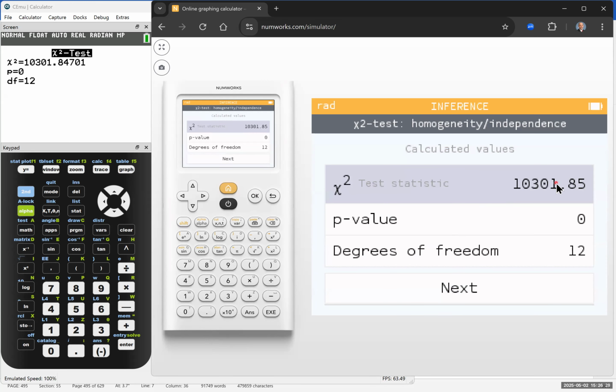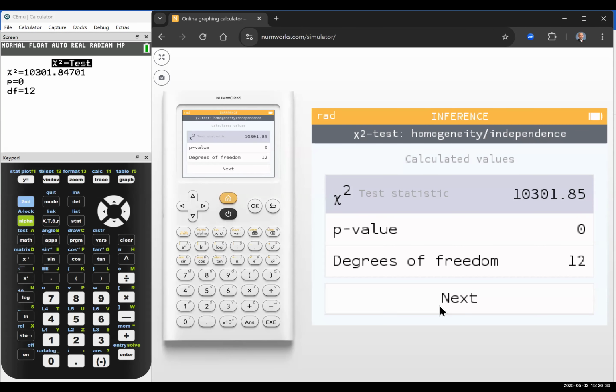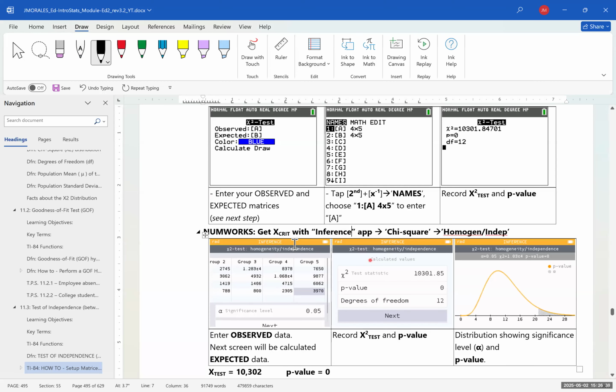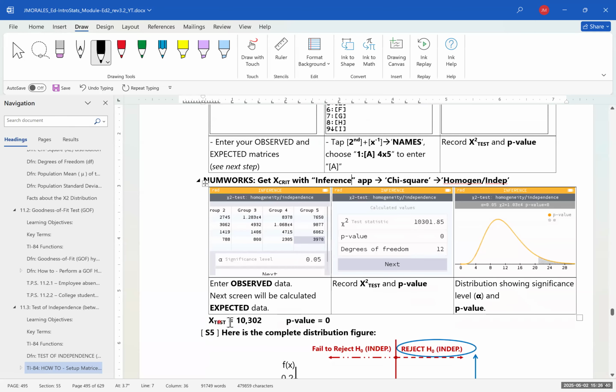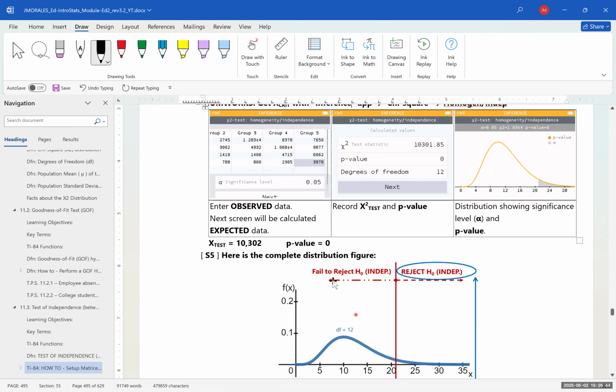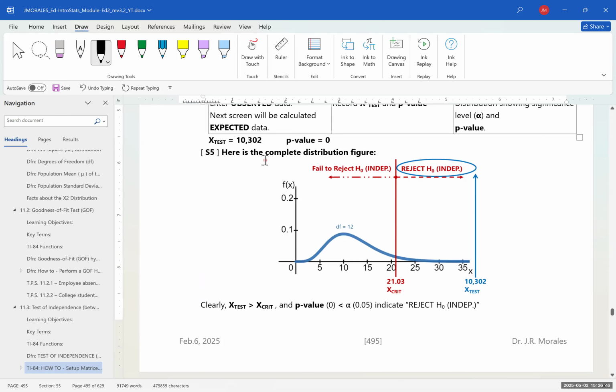10,301.85 with a p-value of 0. Okay, so let's come back over. So chi-squared test of 10,302 with a p-value of 0. So how does that look? Step 5. We'll get our results and write our conclusion. Our critical value was roughly 21, and our test statistic is 10,302.